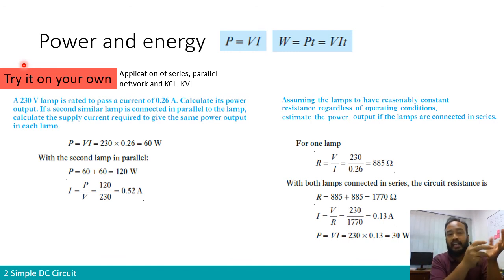So the sum of VI of all the power supplied in the circuit should equal the sum of Ri squared of all the power consumed. Those are all the equations you need to know in order to calculate power and work in a circuit, right?